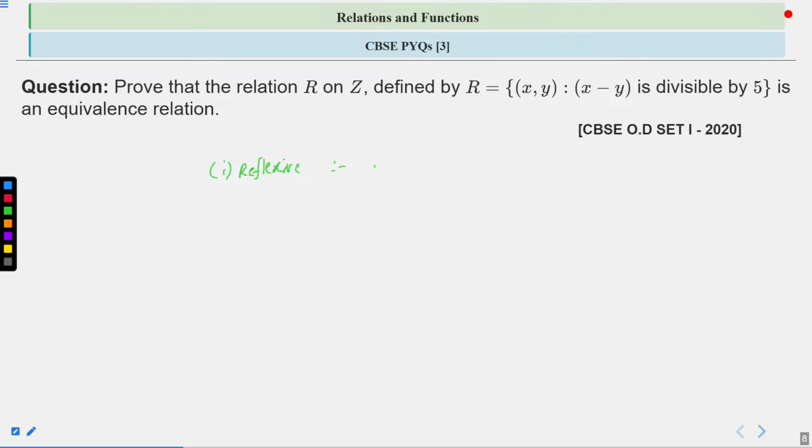What is the condition of reflexive? (a, a) must belong to R for all a belonging to A. Now for symmetric, the condition is: if (a, b) belongs to R, this implies (b, a) belongs to R. Third, it should be transitive.